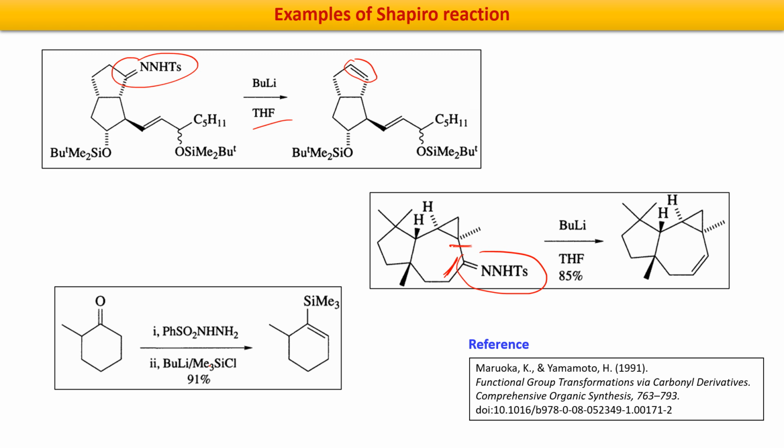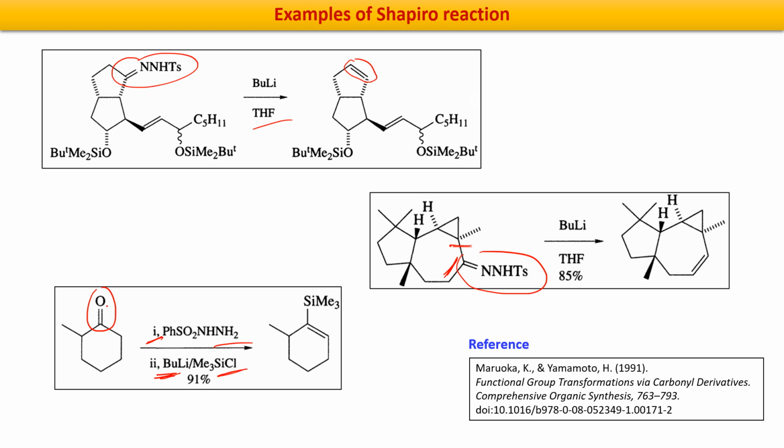The third example, here we have, first, some step jump is there. You have to understand the C=O of first we will convert it, in presence of this PhSO2NHNH2, to the C=N, and then we are using this base. That is, first we are generating the Shapiro reaction substrate, then we are using strong base, and finally this is the electrophile.